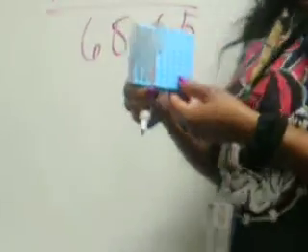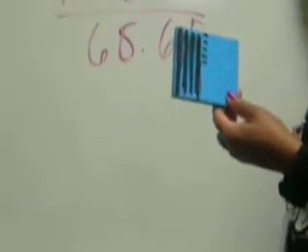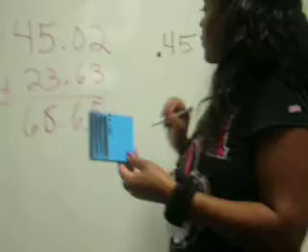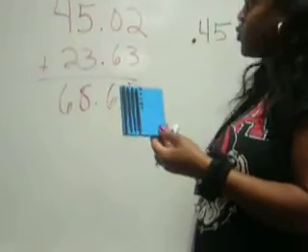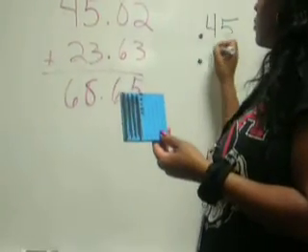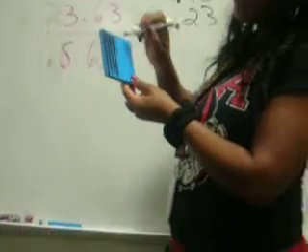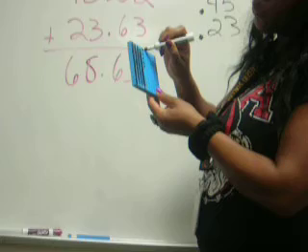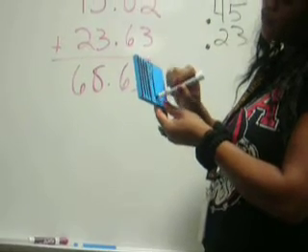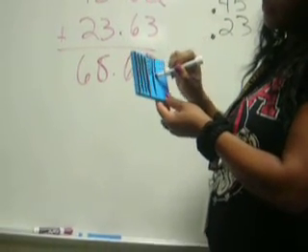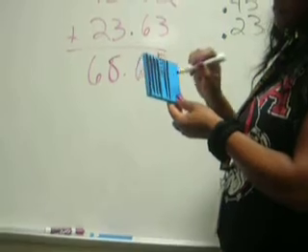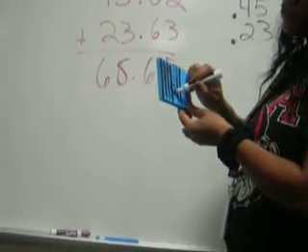And if we were to add to 45 hundredths, let's say, 23 hundredths, the student should automatically know, let's go ahead and add 1, 2, that's 20, 1, 2, 3.